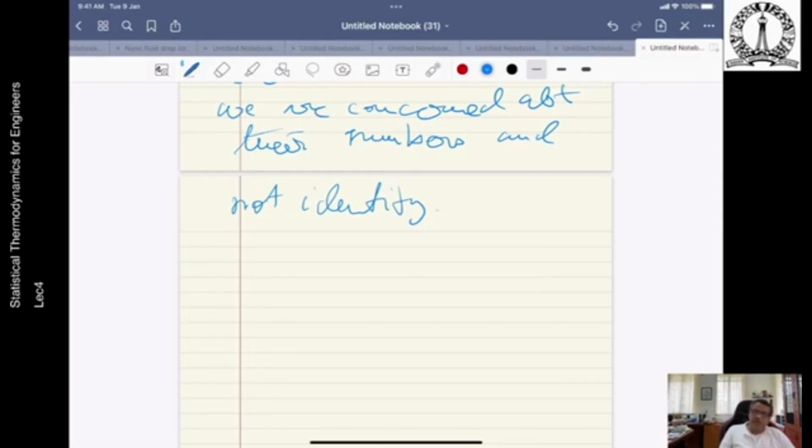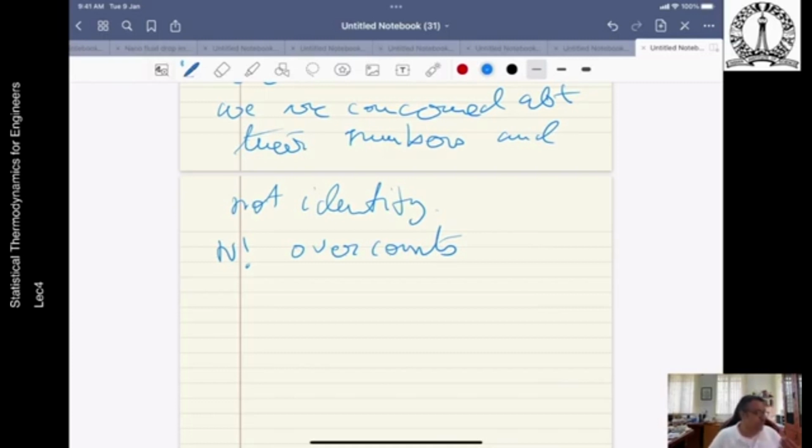So even though n objects can be permuted in n factorial ways, within a particular container their permutations don't really matter. So this n factorial overcounts the number of ways in which this arrangement can happen.